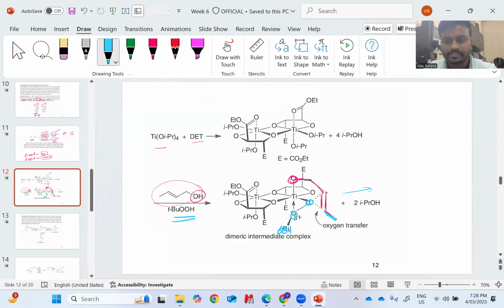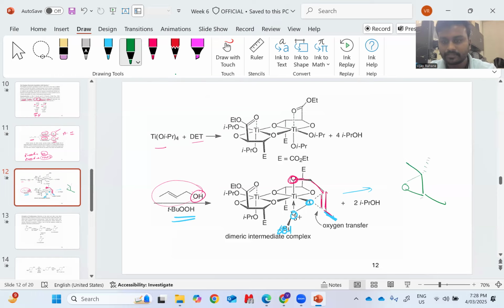When you form the complex, and further upon completion of the reaction, the epoxide we are getting here will be directing. So if, let's say, this is the bond, the epoxide is directing in the plane. This is also in the plane, and obviously there will be two different functional groups in this case, although there is hydrogen and hydrogen, that is CH2OH.